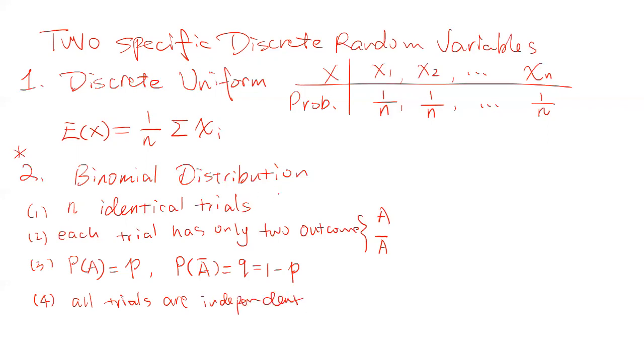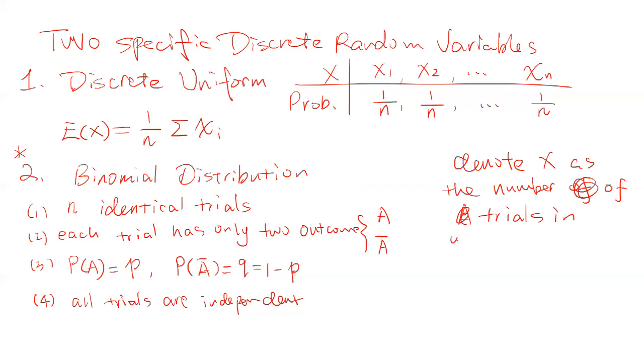So if a random experiment fulfills these 4 conditions, this is a binomial experiment. And we denote X as the number of trials in which A happened.